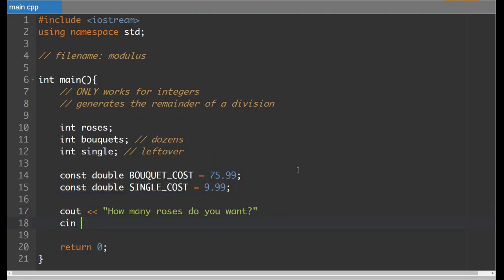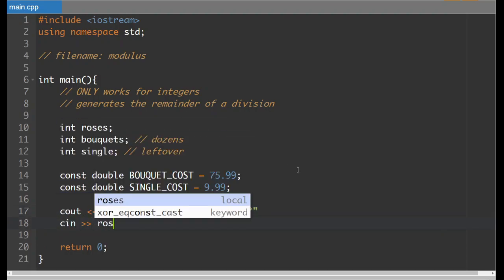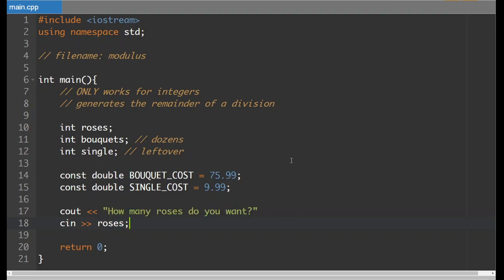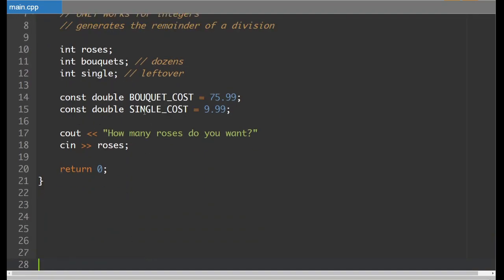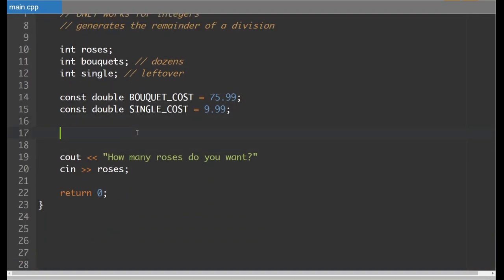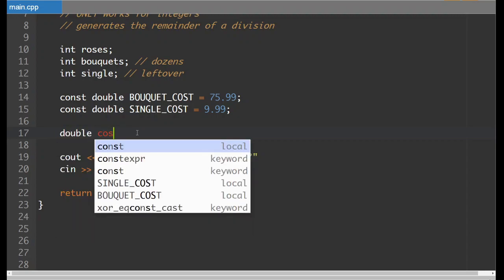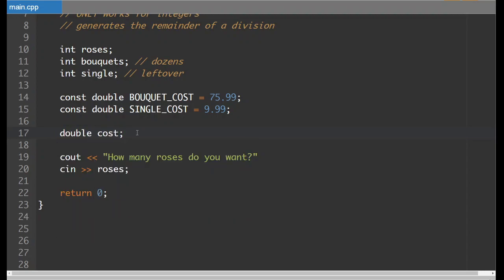Now what we're going to do is we're going to cin the amount of roses. Now that I'm looking at this, I also need to put a double cost. So we're going to be calculating it in that value. Okay. So we're going to ask how many roses they want.